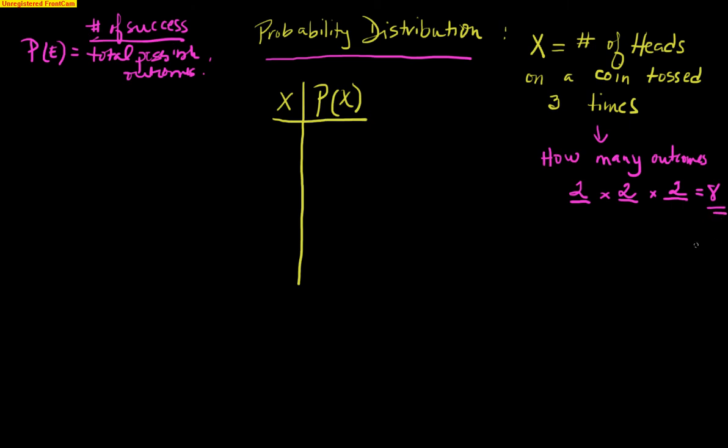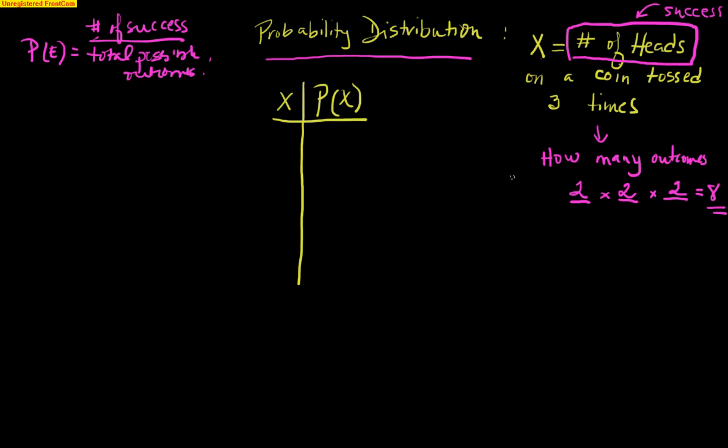So let's think about the numerator. What is the number of successes? Well, a success for this problem we have defined as the number of heads. For this experiment, tossing a head is a success.